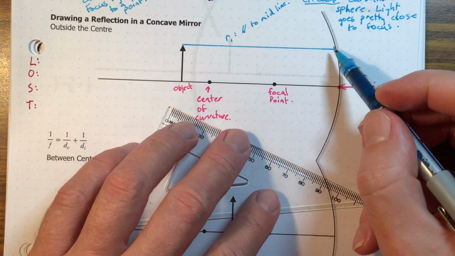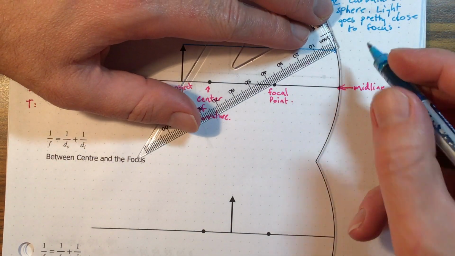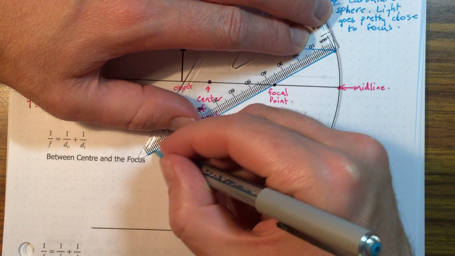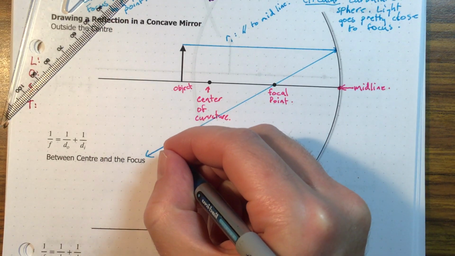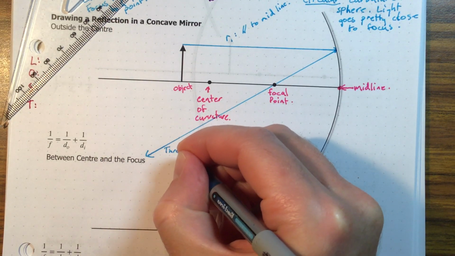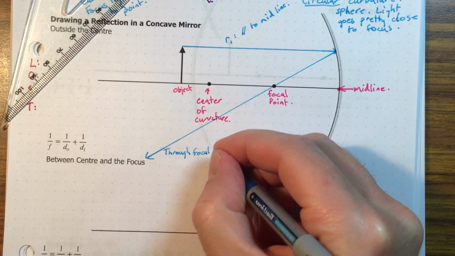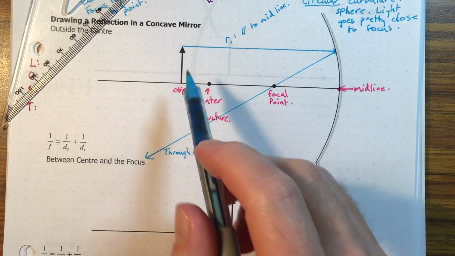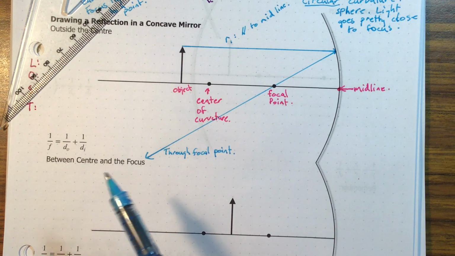You've got the little arrow here showing that it hits the mirror. Then it bounces back through the focal point. So you use your ruler, bounces back through the focal point. So that's ray number 1.